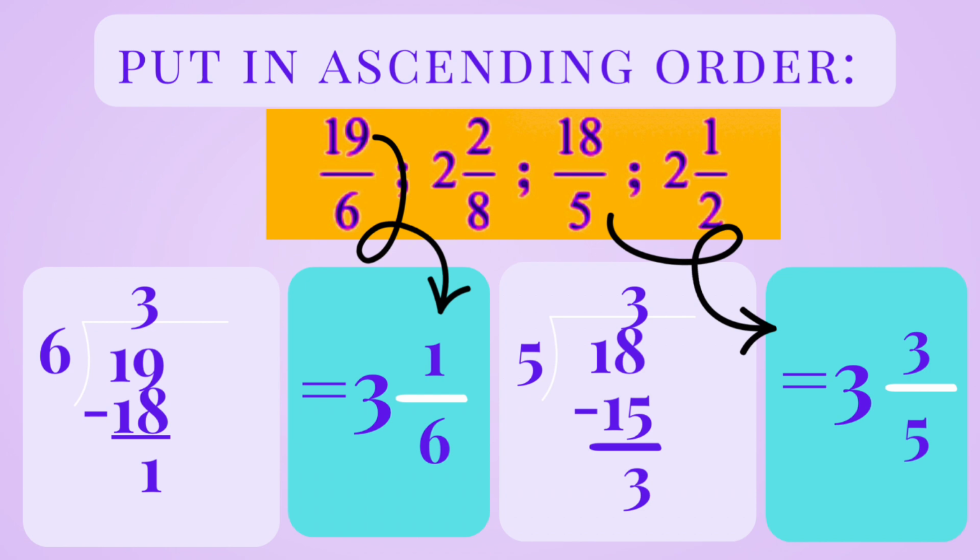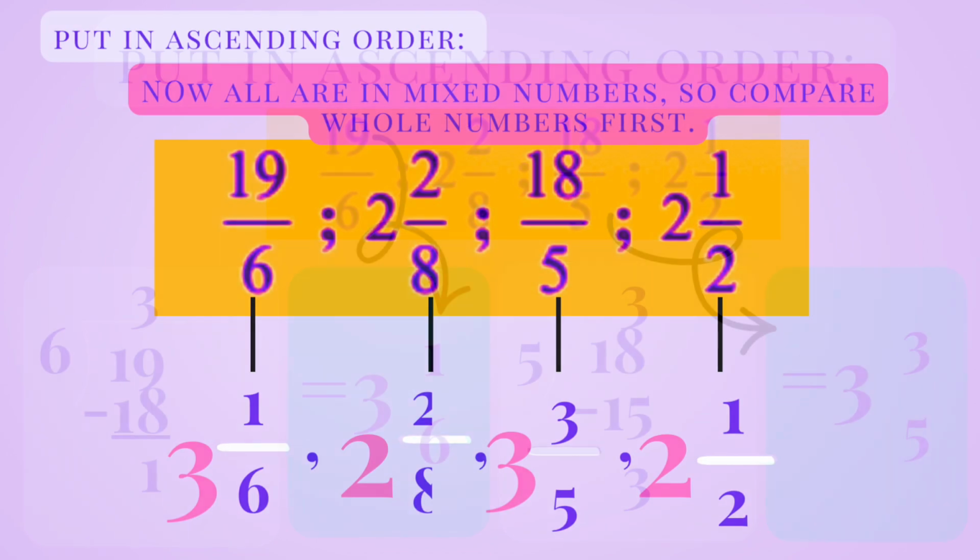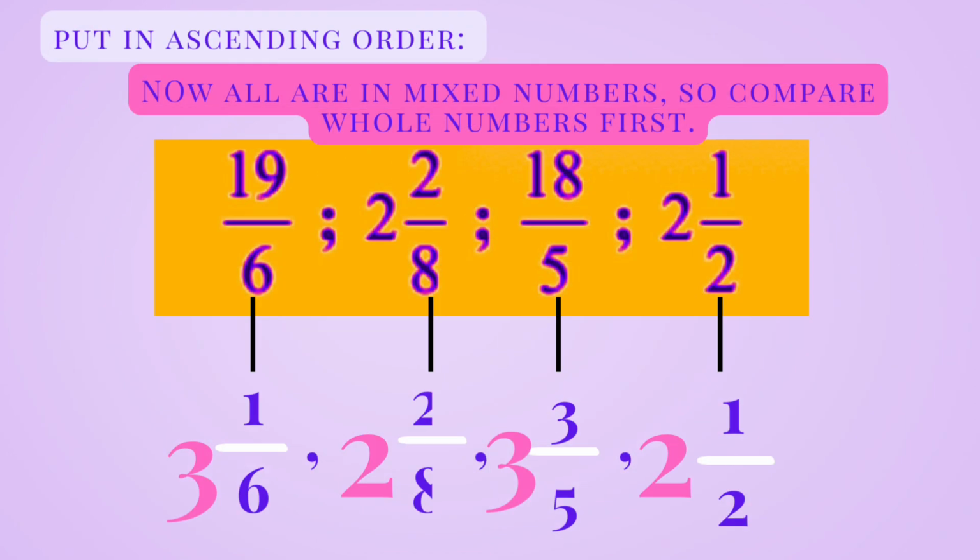This means 18 divided by 5 equals 3 3/5. The whole number is 3, the leftover part becomes our new numerator, 3, and the denominator stays the same as the number 5. Now, all our numbers are in mixed number format.